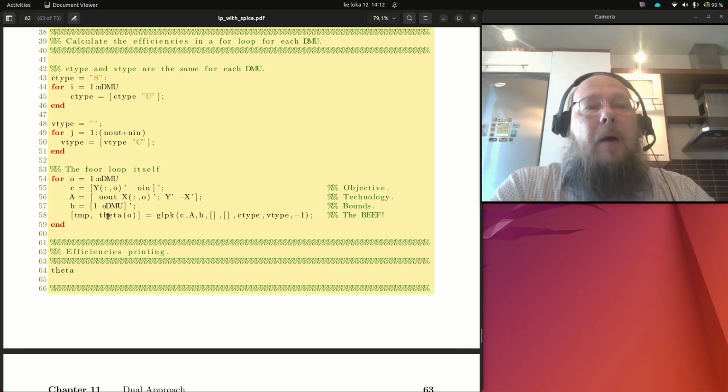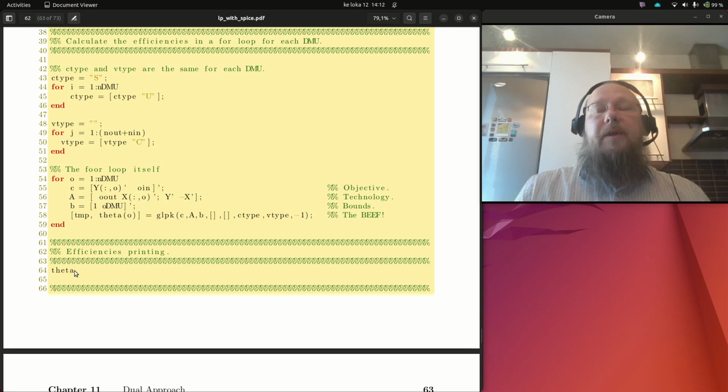And then I will build a vector. So theta parenthesis at index O will be given the efficiency for the DMU O. And once this for loop goes around, it will produce the vector theta, where there is the efficiency for each of the DMUs. So then the final thing there is that we print out in the final block theta. So this will print out the efficiencies.